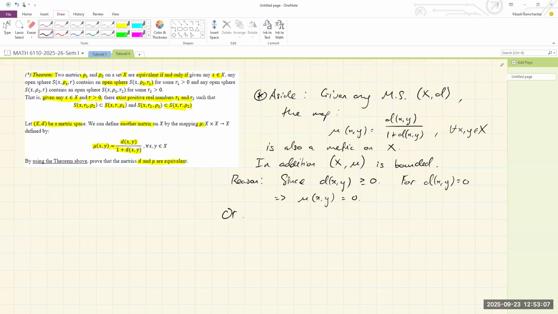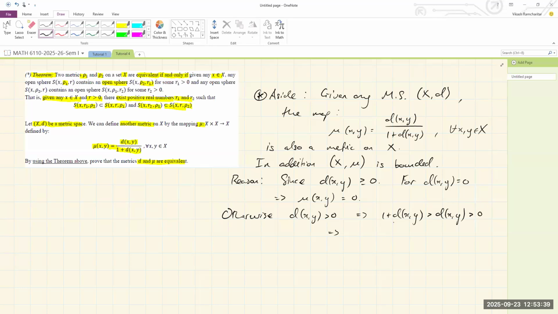Otherwise, if D of x comma y is strictly bigger than 0, then 1 plus D of x comma y is strictly bigger than D of x comma y. From this, we could take the left-hand side over to the right-hand side and get something strictly bigger than 0.